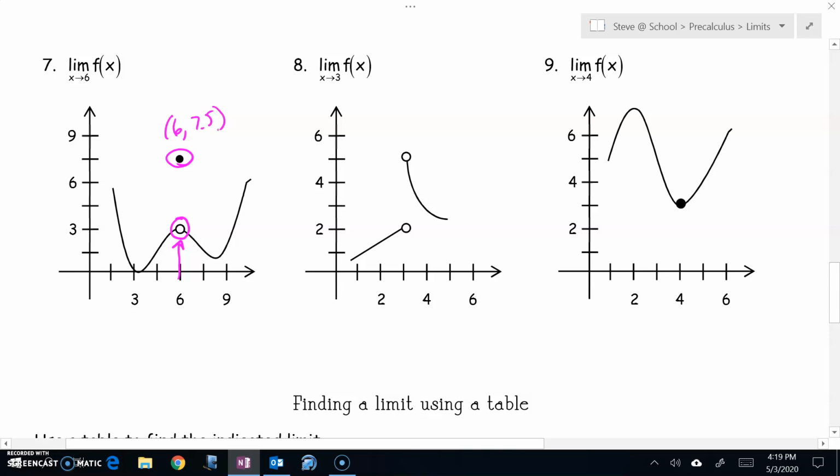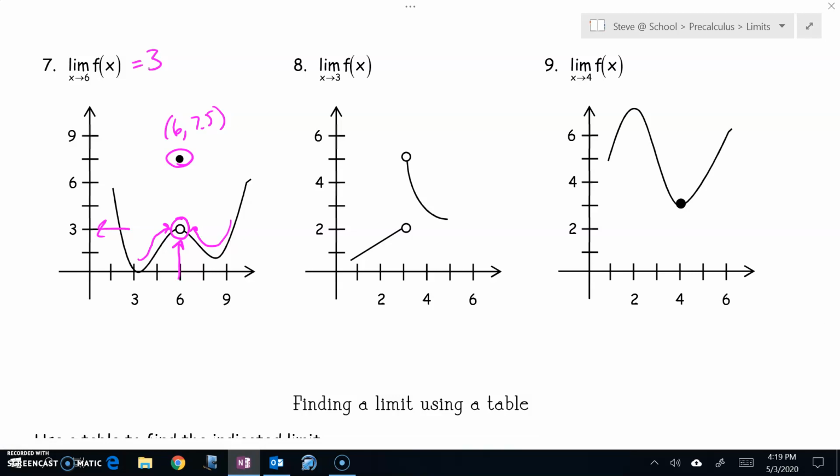The limit, you're still following the graphs. So if I'm following the graph, and I'm following the graph, as I approach the point on the graph, I'm actually approaching a y value of 3. So even though the actual value is 7.5 for y when you're at an x of 6, the limit is not 7.5. The limit is 3 because that's what you're approaching.